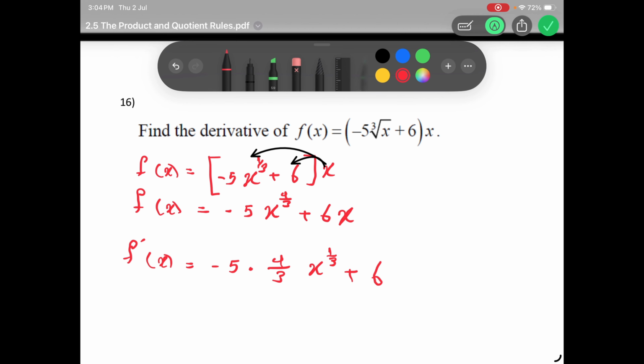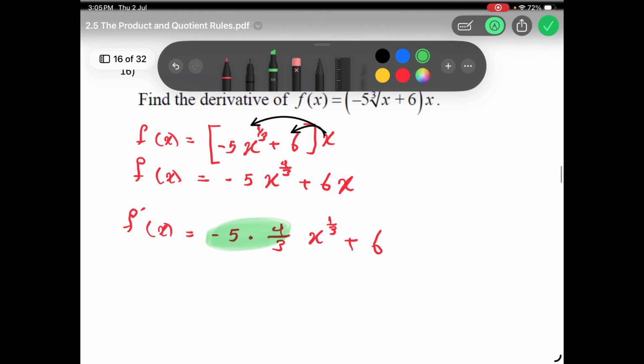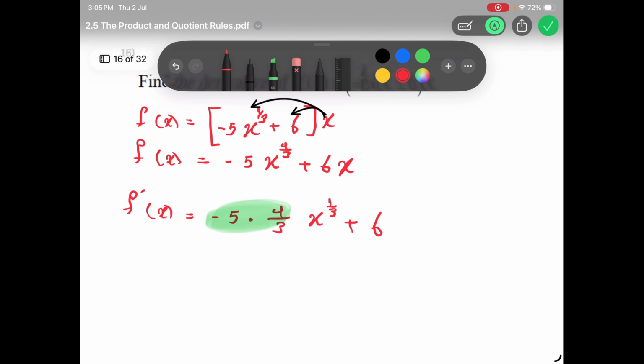So what is left is to multiply these numbers just to make the solution more decorative and more organized. f prime of x equals minus 20 divided by 3 x to the 1/3 plus 6, no more.